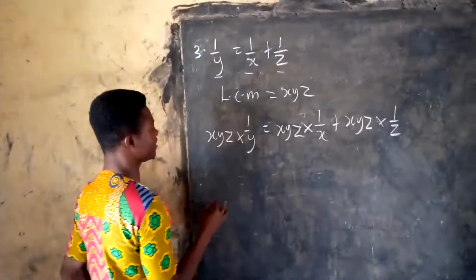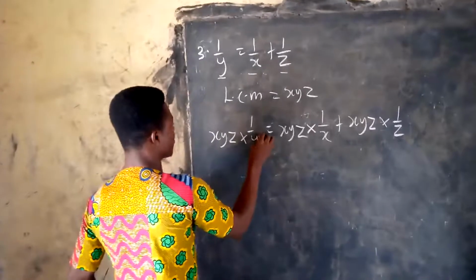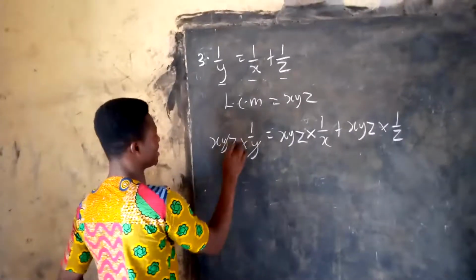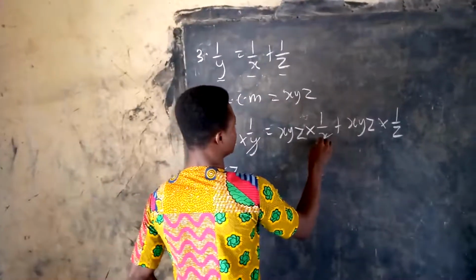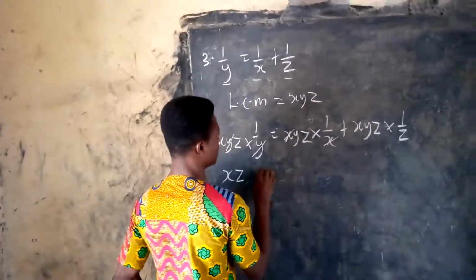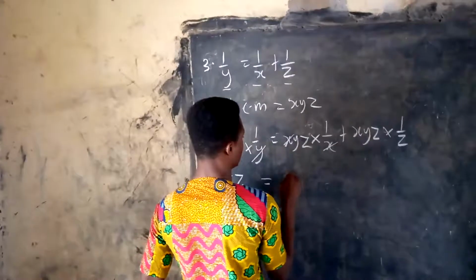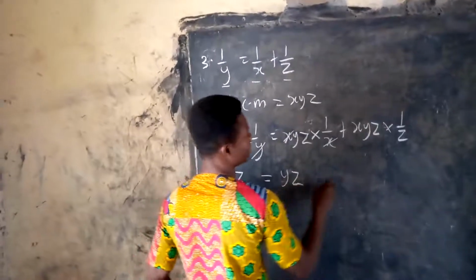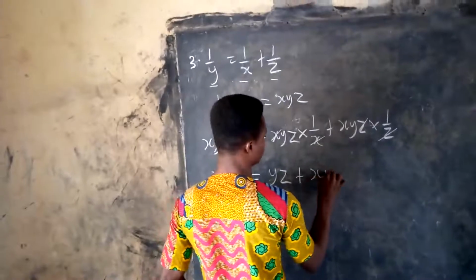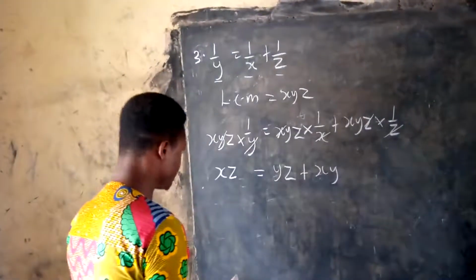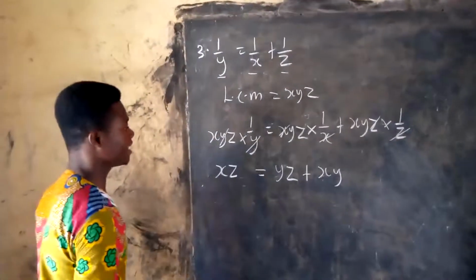So we can see something here: our y will cancel y and we will have xz. Here our x will cancel the x and we will be left with yz. And here our z will cancel our z and we will be left with xy. And the question says that we should make x the subject.